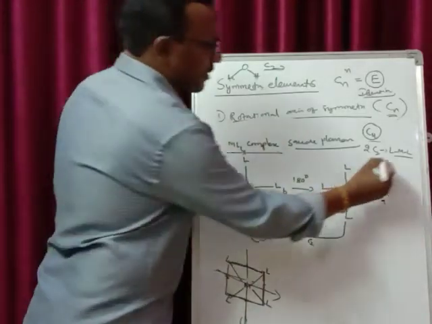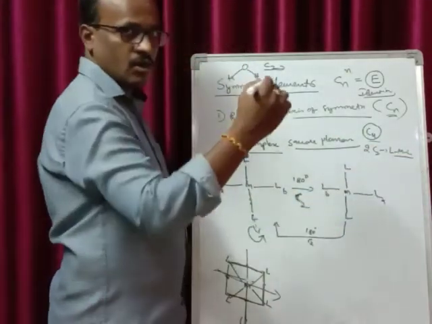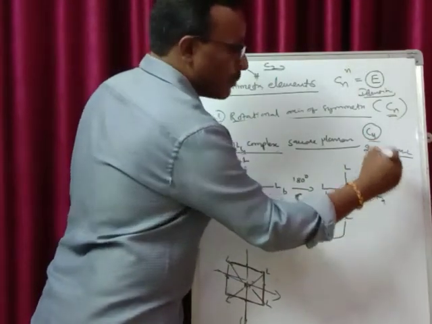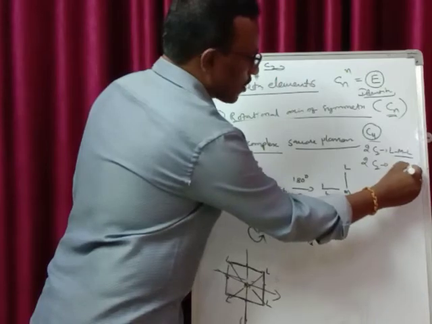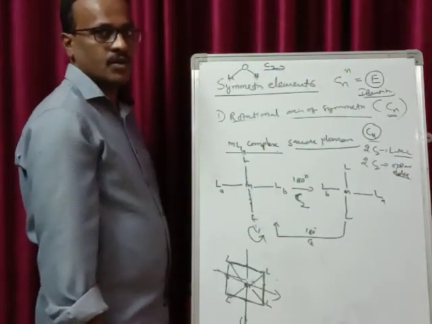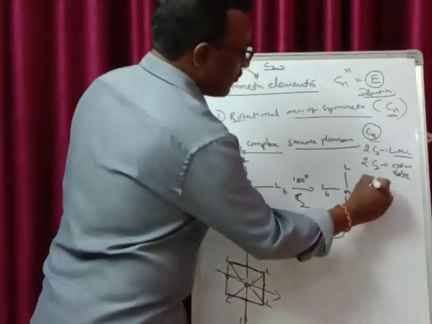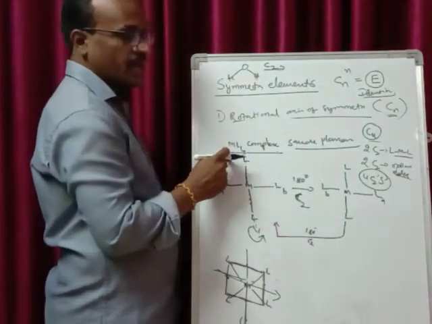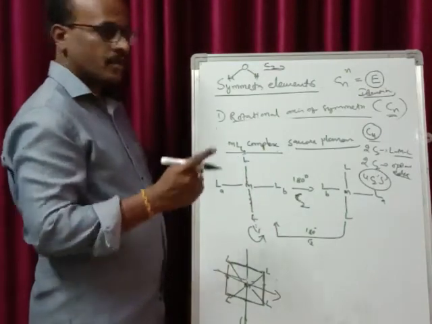So the two C2s are passing along the LML bonds, that is, opposite corners, and the two C2s are passing through the opposite edges, touching the center of the metal atom. So altogether there are four C2s. There are four C2s in the case of the ML4 complex.